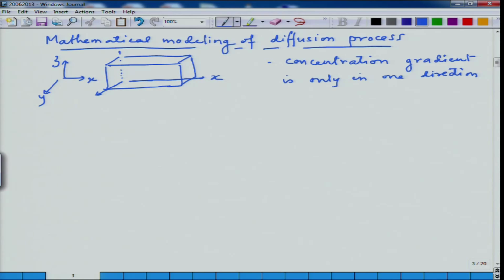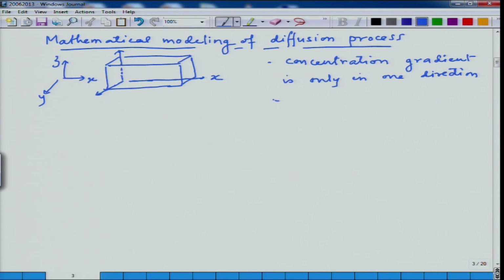In the y direction and in the z direction of the semiconducting material, we have uniform doping, which means that the diffusion process does not lead to any change in the concentration in the y and z directions. It is only the x direction that is important for us. So, let us do the analysis for this particular case of one dimensional diffusion.